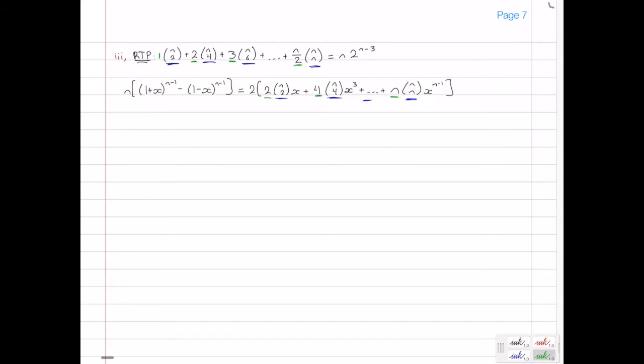Okay, and the final thing that I can see is that I don't have any x's in what I'm required to prove. So all these x's that were in my previous part's result, they've all seemed to disappear somehow. Okay, so that's the final thing we need to keep in mind. So how can we get rid of x's? Well, if we sub x equal to 1 in, that doesn't get rid of the whole thing, but the x disappears.